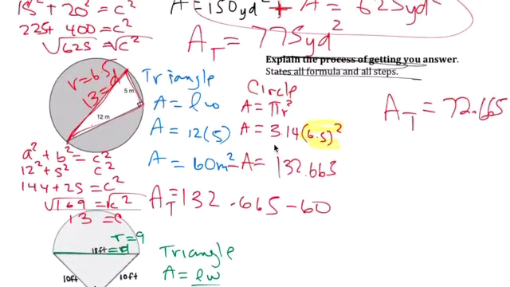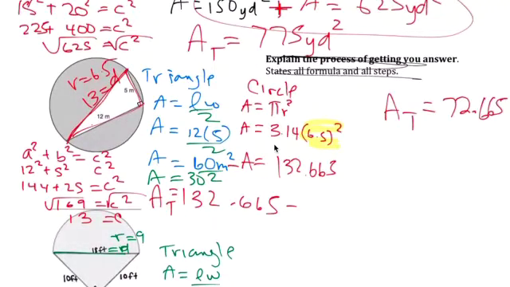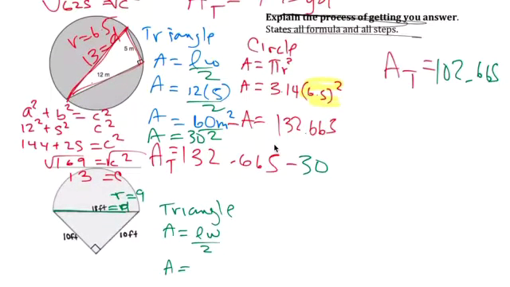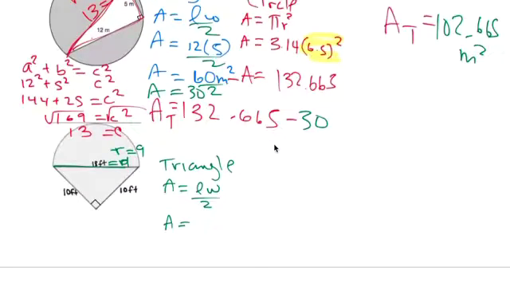Forgot to divide this by 2. That's 30. So subtract 30 is 102.665. And that is meters squared.